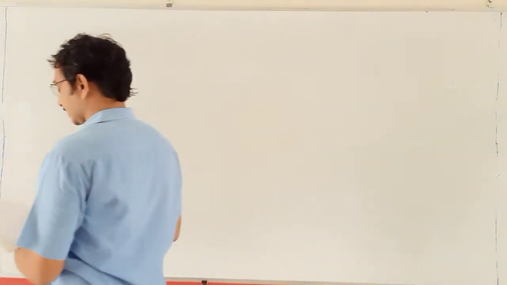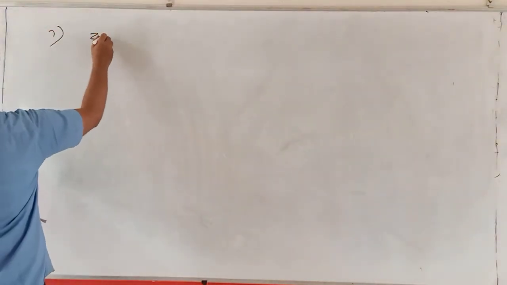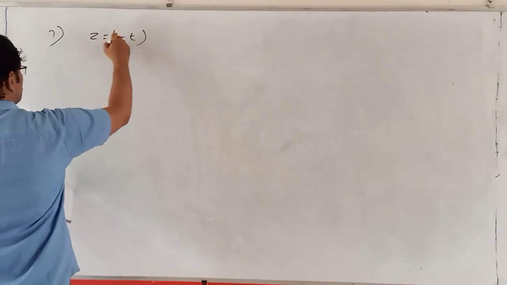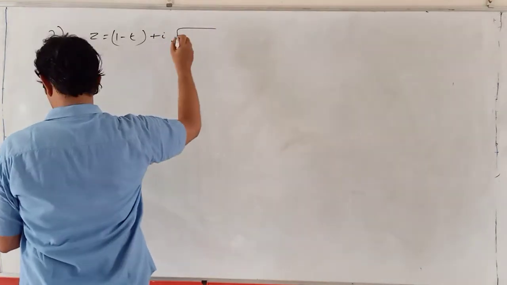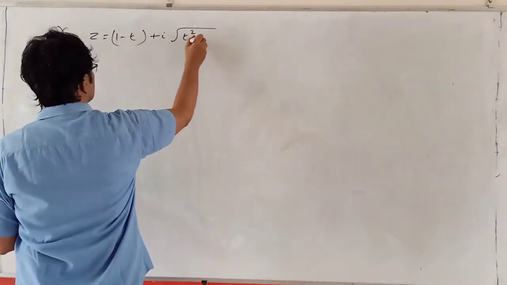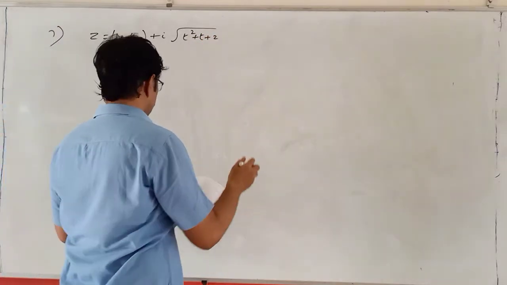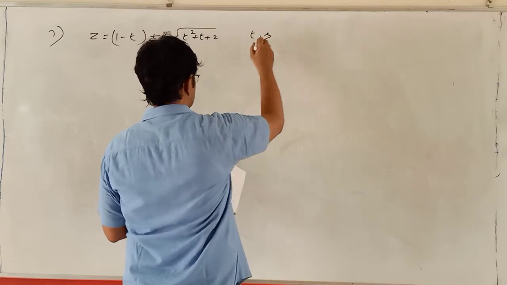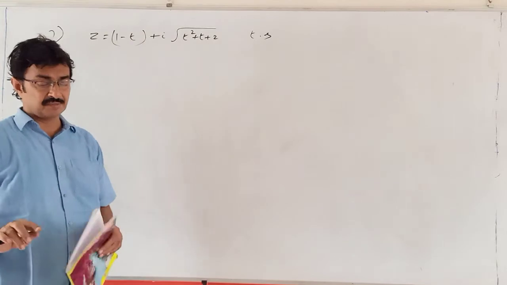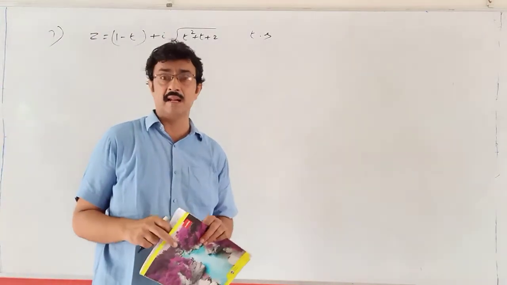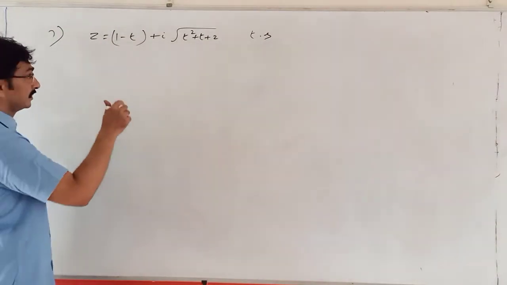Next, seventh one. If z equals 1 - t + i into the square root of (t² + t + 2), where t is a parameter, then the locus of z. Given that t is a parameter means that, for the locus, we finally have to eliminate t. The locus of z is required.